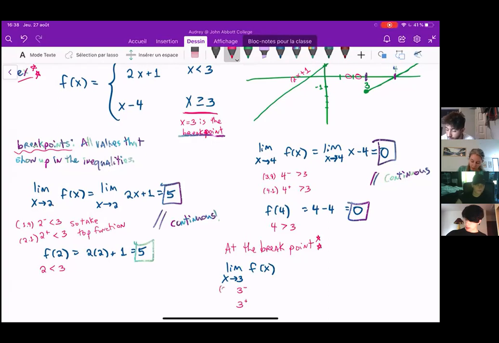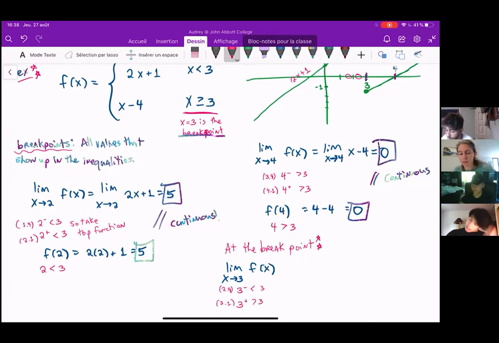So remember, 3 from the left, that would be like 2.9. Where is that? Which interval is that on? On the top, the 2x plus 1. So that's less than 3. And 3 from the right, that would be like 3.1. Which interval is that on? x minus 4. So that's bigger than 3.